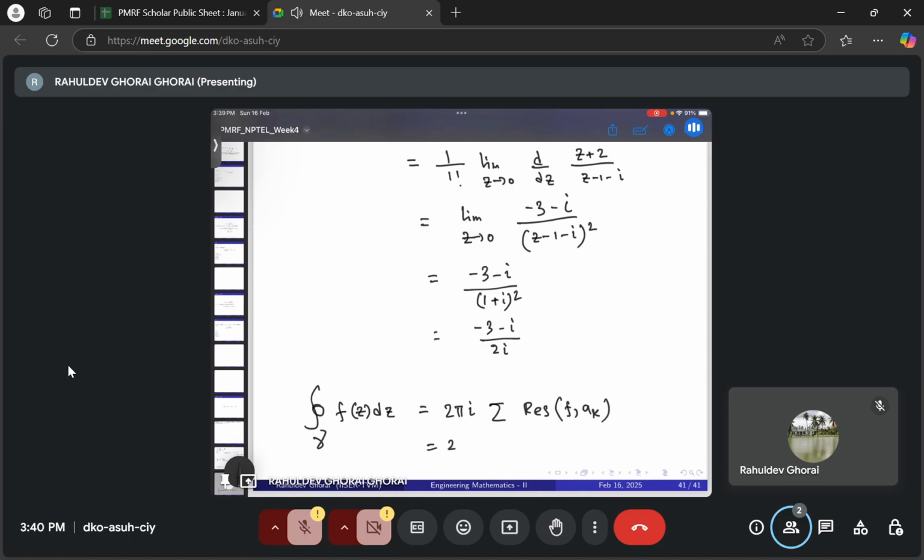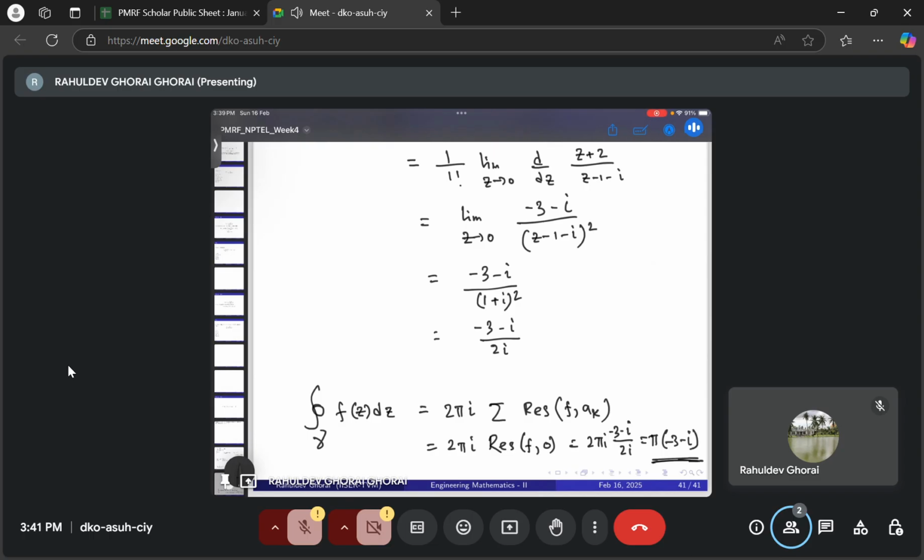So in this case it will be 2 pi i times only one pole, which is of order 2, and that value we also know, minus 3 minus i over 2i, which is equal to pi times (minus 3 minus i).